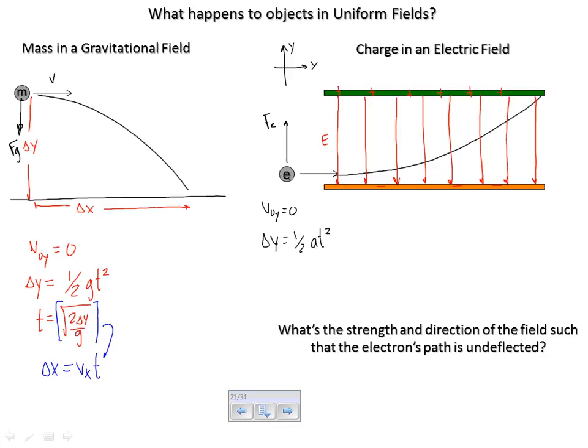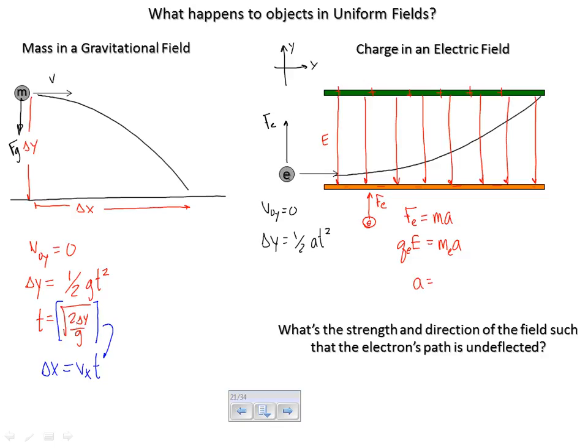Well, what's this thing's acceleration? Remember from the last slide, right? We said here's the electron. There's a force on it like this. Well, Fe equals ma, or charge on an electron times the electric field strength equals mass of the electron times a.